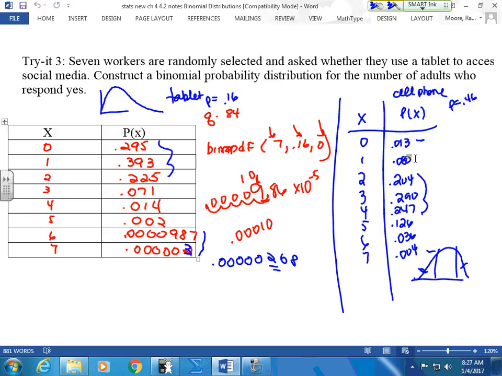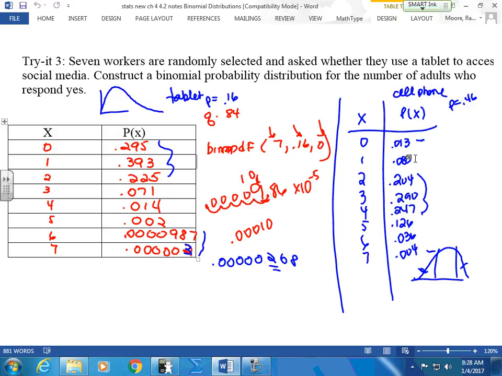Do you see why those probabilities look so different? Does anybody not see that part? I don't expect you to guess what's going to happen. We can certainly just do the math and look for it. But I want you to make sense out of why this is happening. Why are my probabilities coming out higher in certain places? What's causing that is the probability of them saying yes.